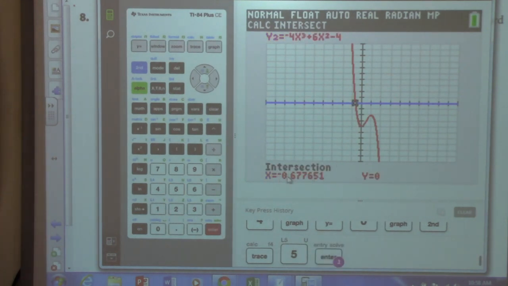So we get this -0.667. Is that what you got? Yes. My recommendation for these, where something depends on something else, is to go out a lot of decimal places. So I'll say -0.67765.